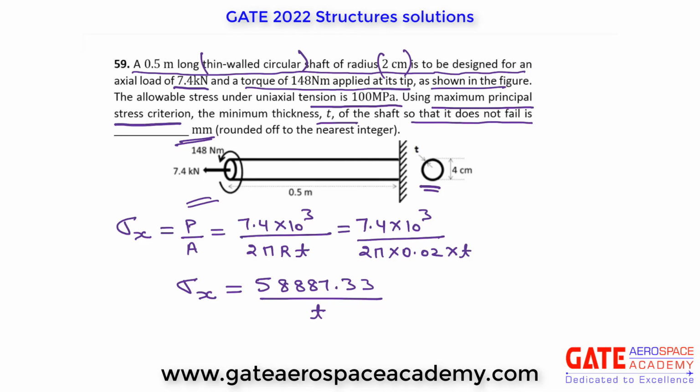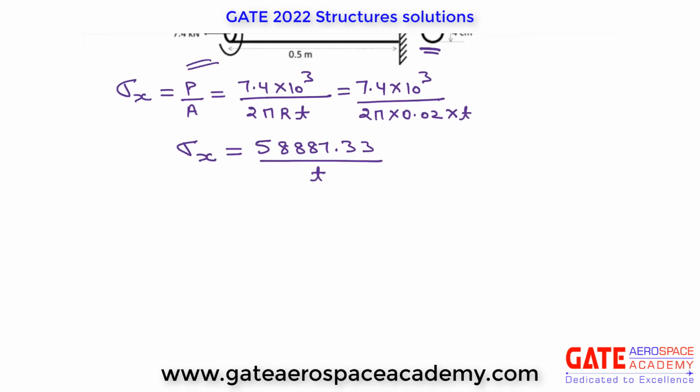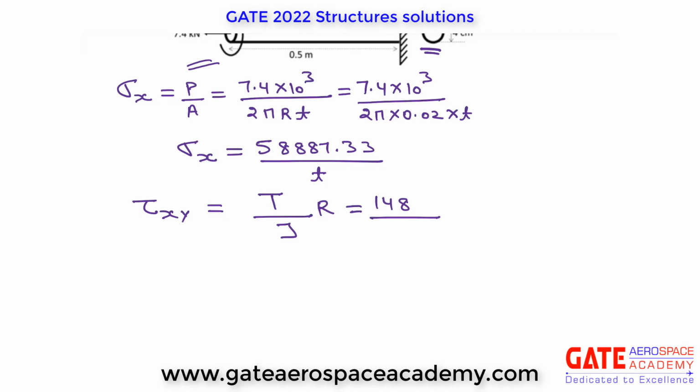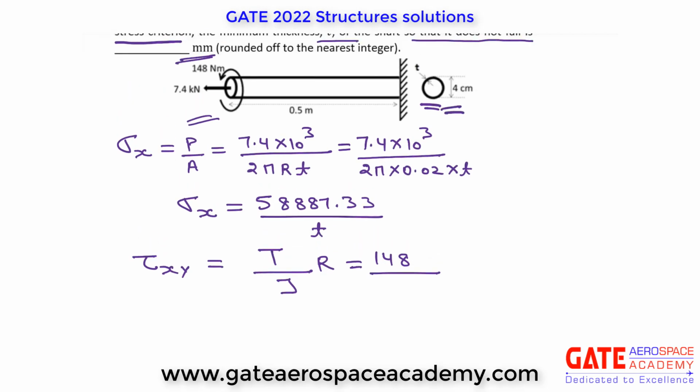Now let's find out shear stress due to torque of 148 Newton meter. So shear stress tau is equal to torque upon J into R. So torque is 148. J is polar moment of inertia of this thin ring, that we already know, that is 2 pi r cube T, correct, into R. So this polar moment of inertia is known result.